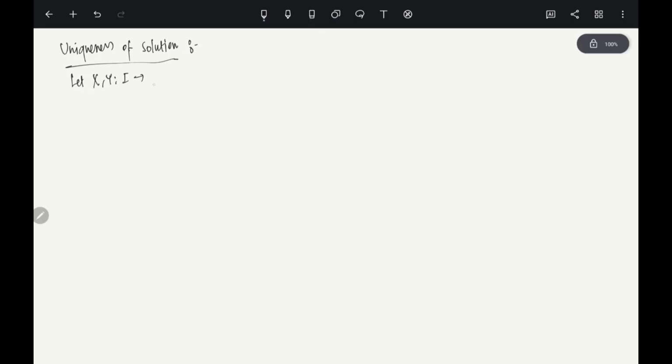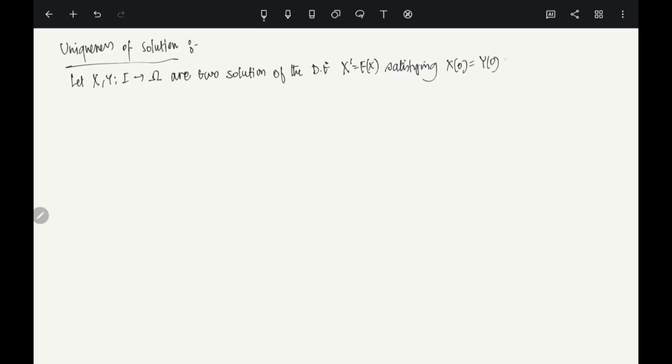I to R, x of t is in omega, are two solutions of the differential equation x prime equals f of x satisfying x0 equals y0 equals x0.